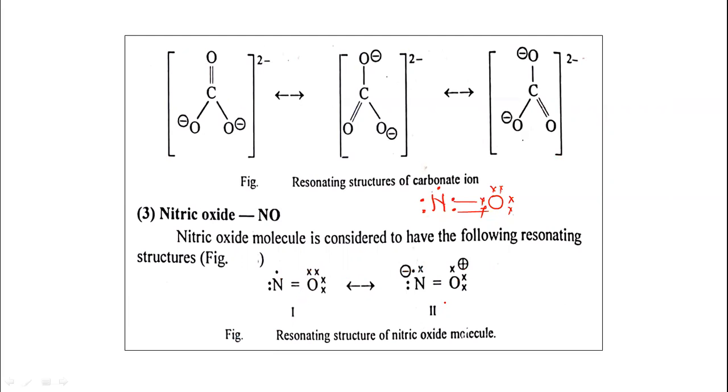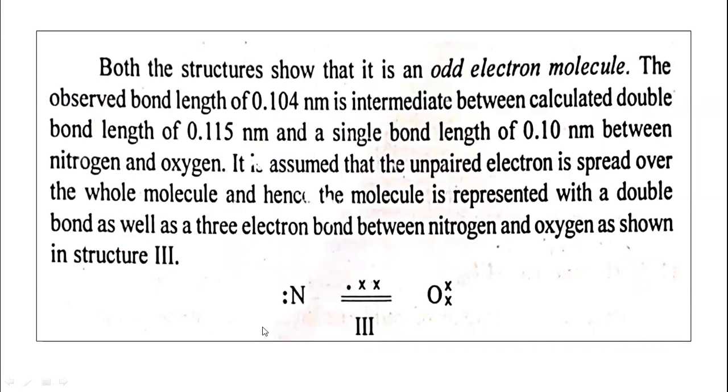This is the second predominant structure. So it means the nitric oxide molecule has two possible structures. We can show the arrangement of the electrons here. These are the resonating structures of the nitric oxide molecule.